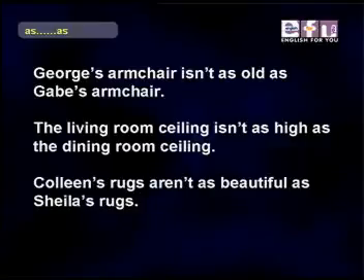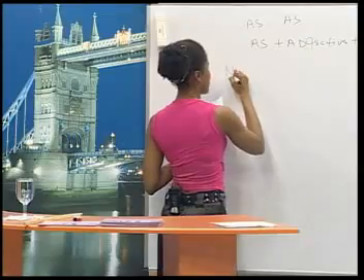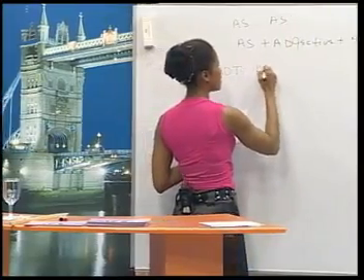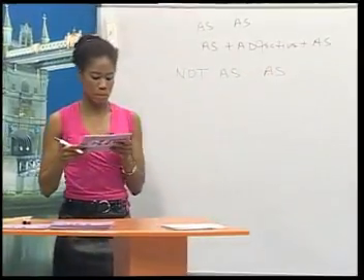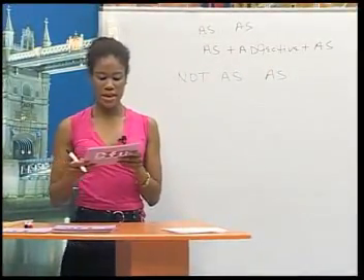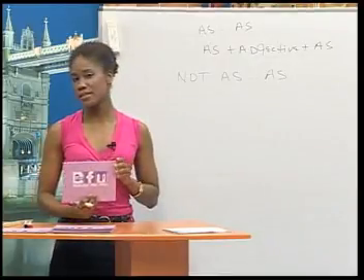Colleen's rugs aren't as beautiful as Sheila's rugs. Next example. Vera isn't as young as her sister. So the negative form of as is not as. Okay, it is used to say that two parts of a comparison are not equal.